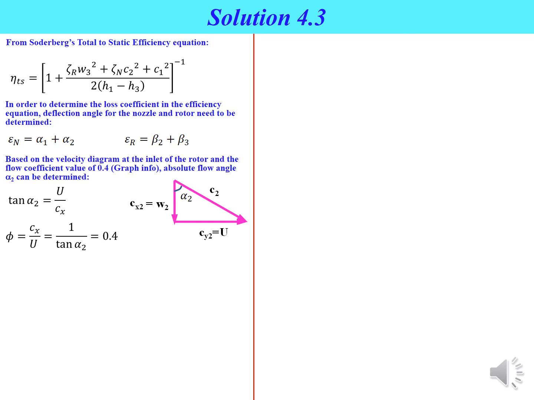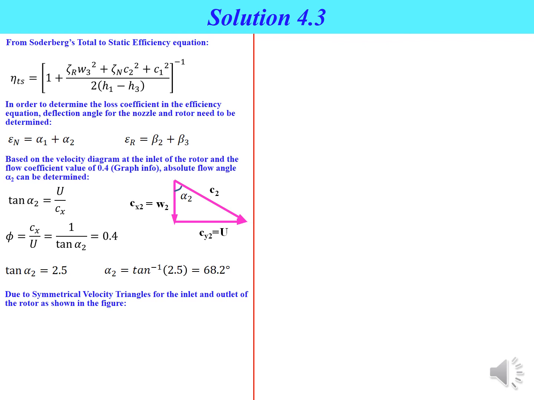Okay, substitute the equation of tangent alpha 2 into the equation of flow coefficient. So psi equal to Cx over U equal to 1 divided by tangent alpha 1 plus tangent alpha 2, equal to 0.4. So tangent alpha 2 equal to 2.5 and alpha 2 equal to 68.2 degrees.